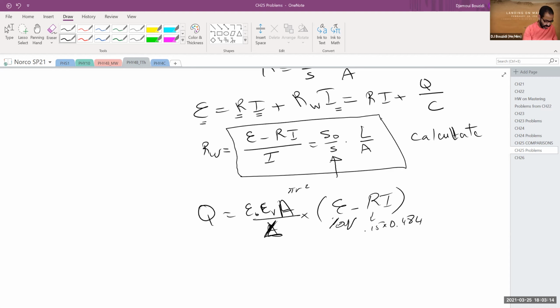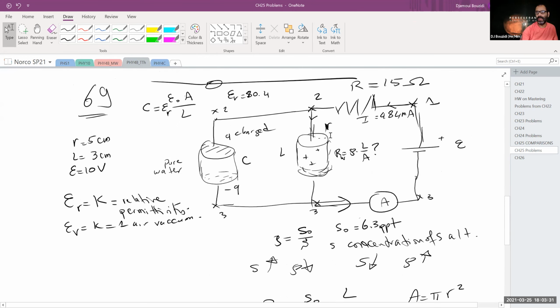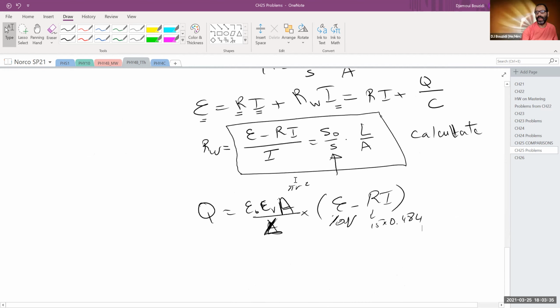Okay, so let's see what they asked. First of all, what is the salinity? So for the salinity, you have to solve this equation for it. You have all the ingredients. This is 10, this is 15, this is 0.484, this is 0.484, this is 6.3 or something like that. What was it? Yeah, 6.3 ppt.